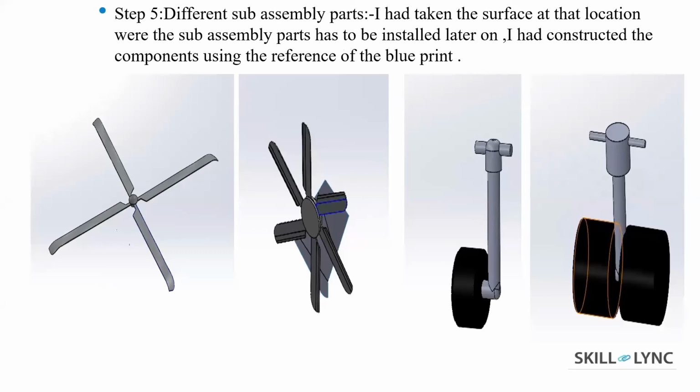After creating the main body of the helicopter, I used many sub-parts like the helicopter main blades, side blades, its wheels, and its central wheel, using the same Boolean operations I used for the previous body surface, with the blueprint as a reference.